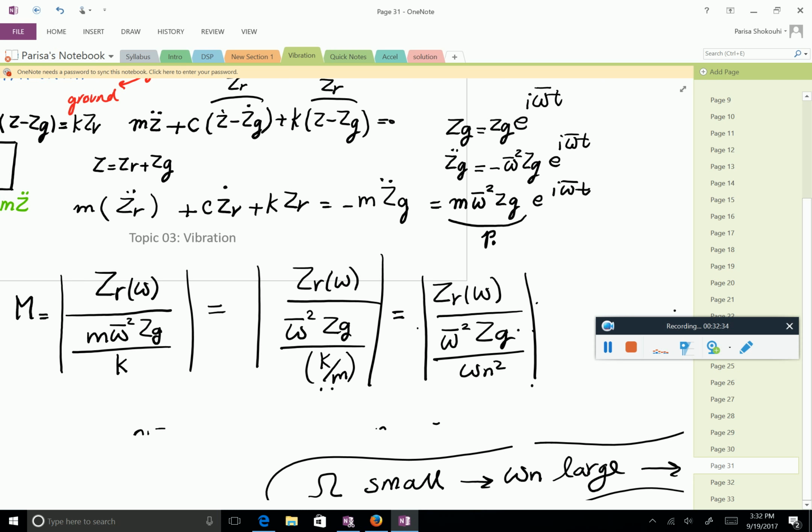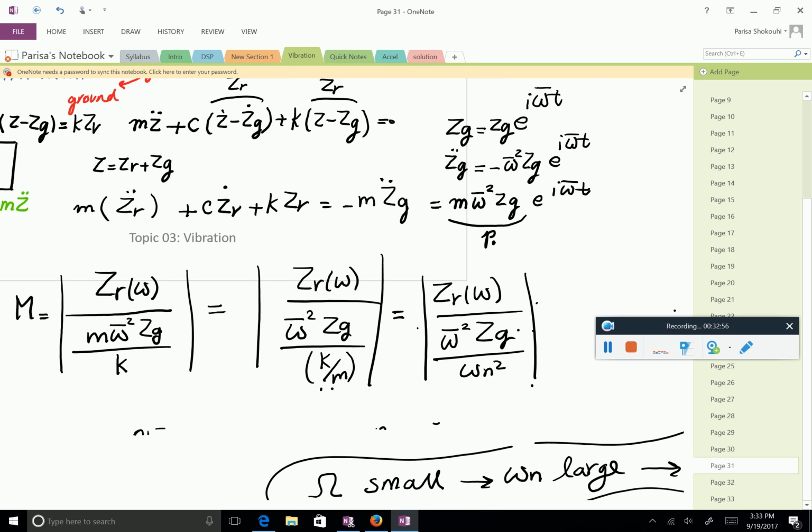So my dynamic amplification factor is the dynamic response over the static response. The static response is, let's say if there was no e^(i omega bar t), the system would deform, and the deformation would be force over stiffness.